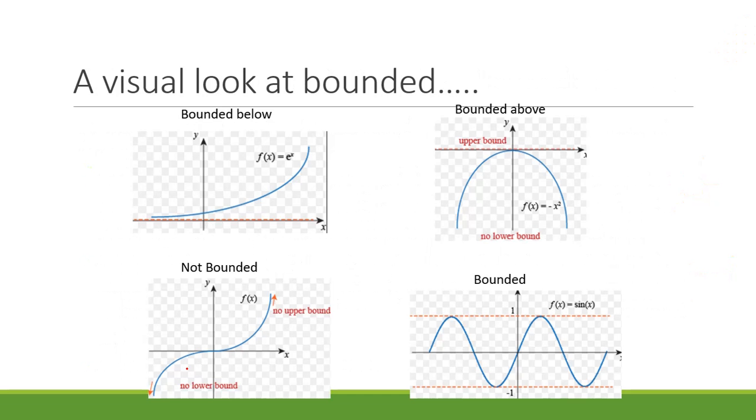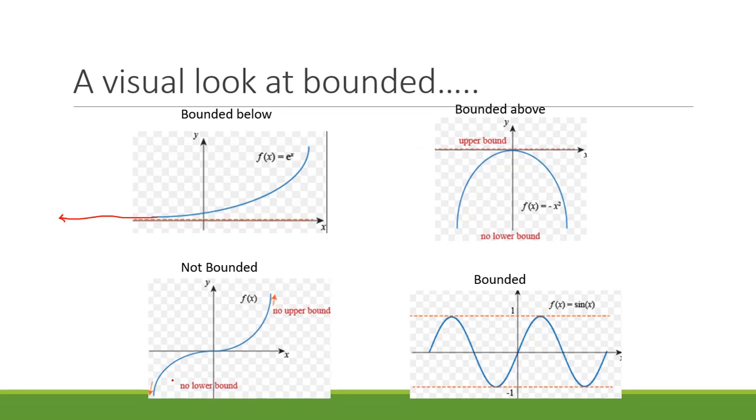So here's a visual look at bounding. This function in particular is bounded below because this graph is going to continually stay above the x-axis. It can't pass that point, okay? Bounded above would mean looking at my graph here, notice how it's not going above this line. That's how I would say it's bounded above.